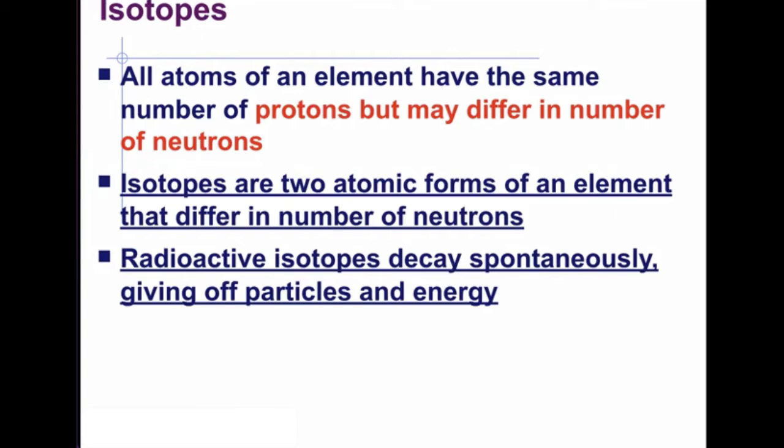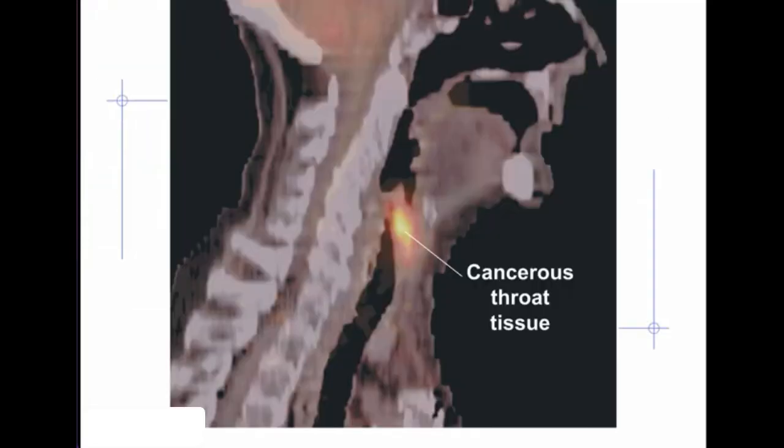Now, radioactive isotopes decay spontaneously, giving off particles and energy, as you can see in this example. So this example here, a cancerous throat tissue, is basically a PET scan, which is used for identifying that cancer using a radioactive isotope.